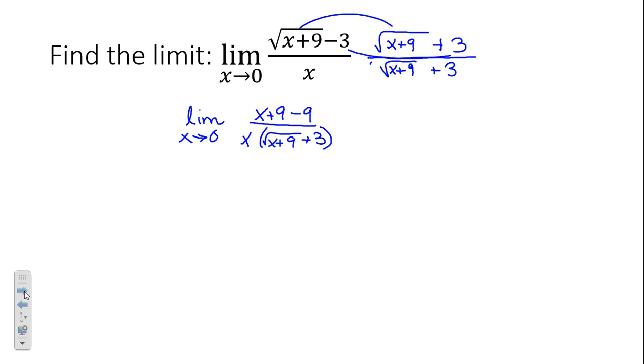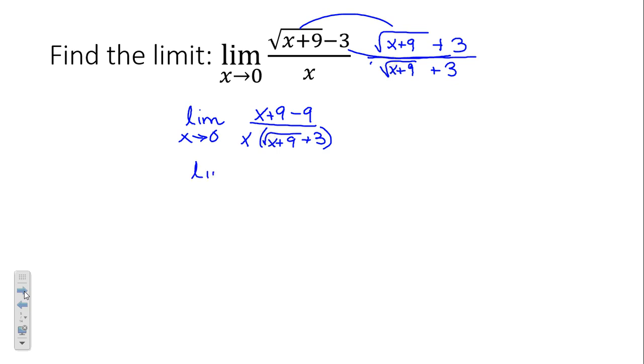Now what? We could distribute it in, but we could cause more problems, because our goal is to eventually try to get rid of this x in the denominator, right? What's in the numerator right now? Just an x, right? Because plus 9 minus 9 is gone.